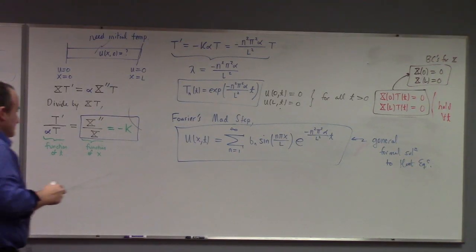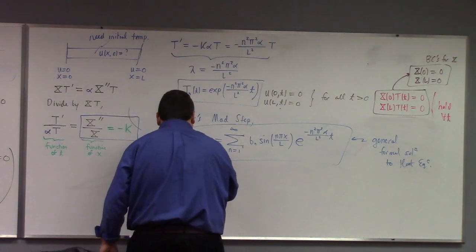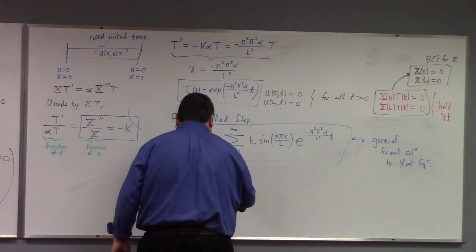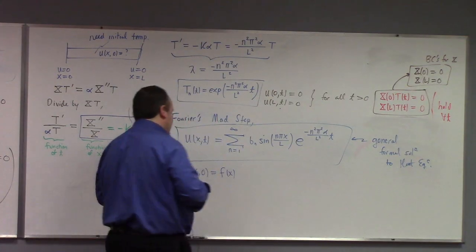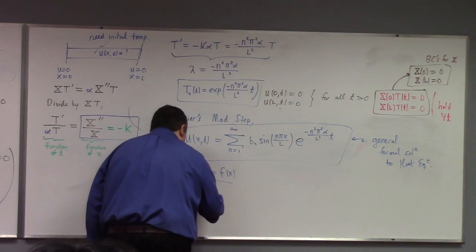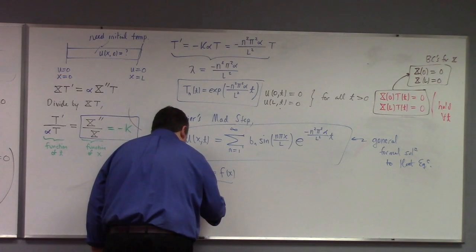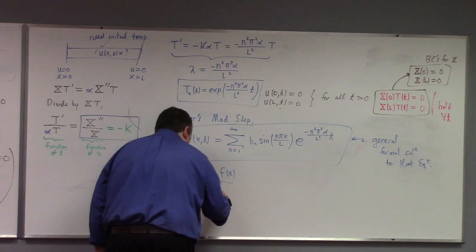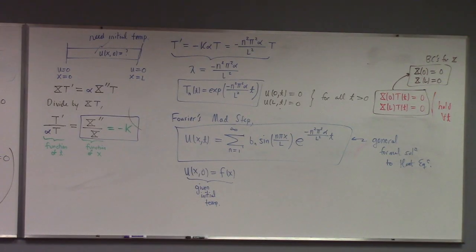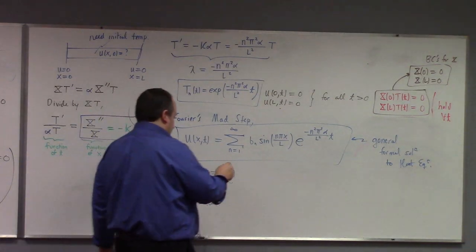So if that's given, if we know that u of x comma 0 is equal to, let's say, f of x, suppose that this is the given initial temperature, then what does that mean about this general formal solution? What happens when you plug time equal to 0 into your general formal solution? Something pretty nice happens, right?